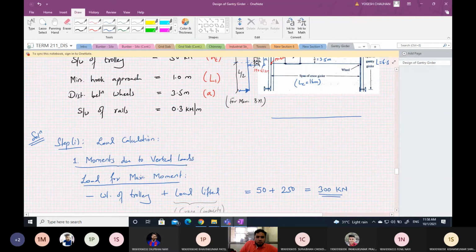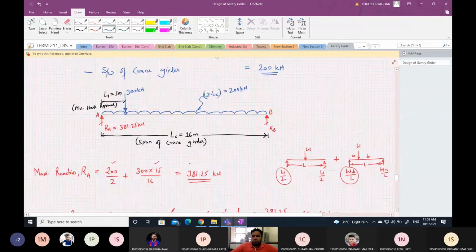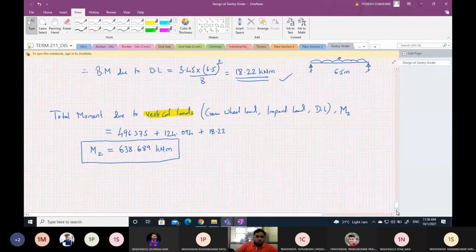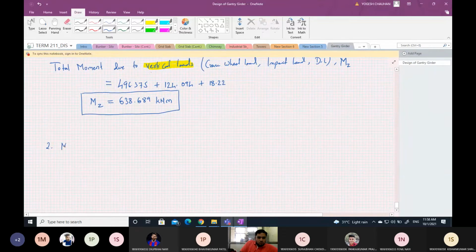Then we find the moment due to the horizontal force, that is also called surge.